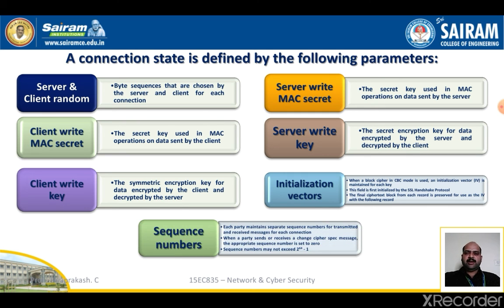The last parameter of the connection state is the sequence number. Each party maintains separate sequence numbers for transmitted and received messages for each connection. When a party sends or receives a change cipher spec message, the appropriate sequence number is set to 0. Sequence numbers may not exceed 2^64 minus 1.